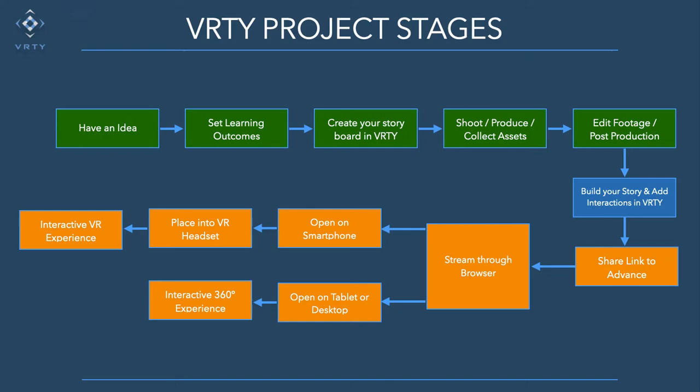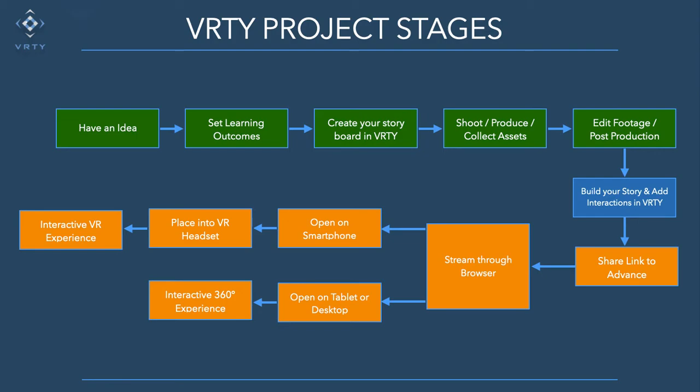You have an idea, you understand what you want to do with that project, and you sit down and create your storyboard. You can do it on a blank sheet of paper, or build it in the VRTY platform. From there, you have a very good idea of what you need to shoot, what you need to produce, and what you need to collect from a media assets perspective, and you go away and do that.